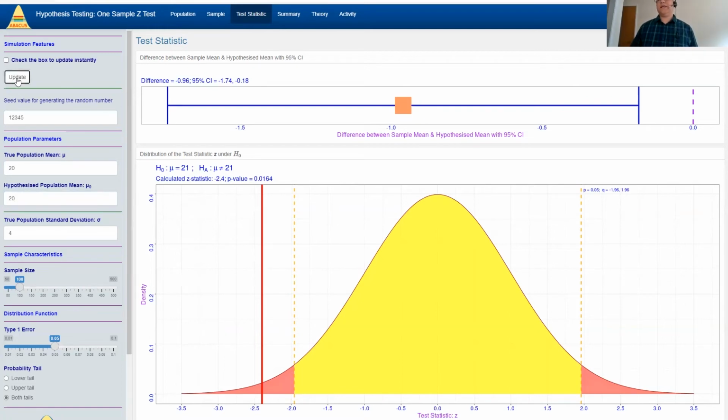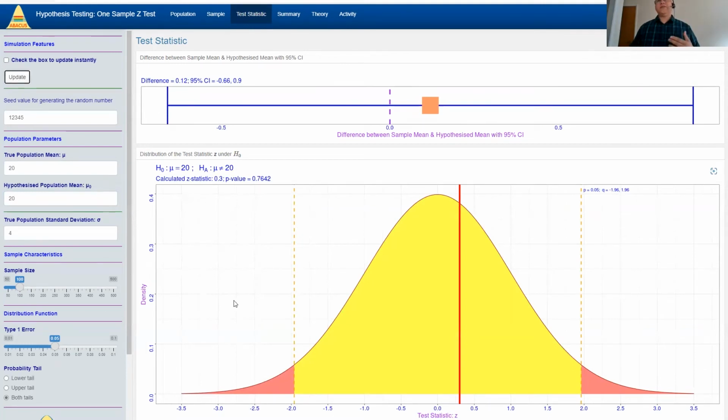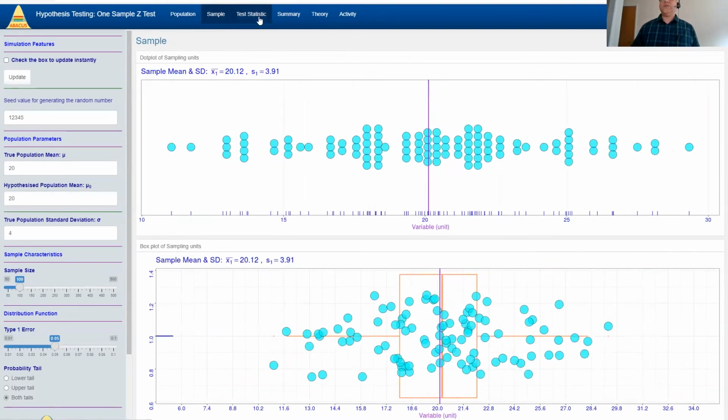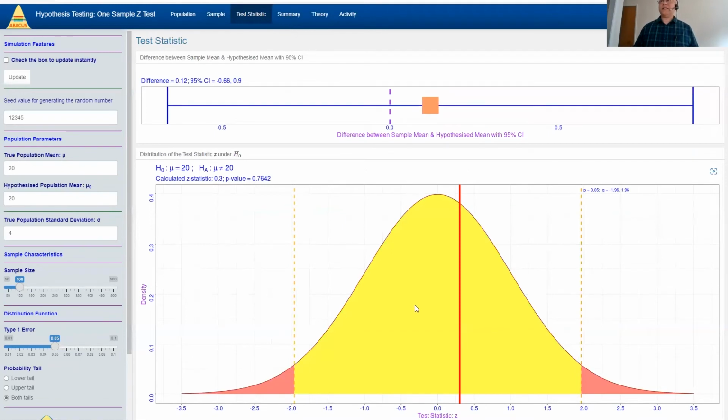So if we update again and see what is happening in this scenario, because we know the truth, of course, we can go back to the population and see it is showing 20.12. So the test statistics and other things are showing: your test statistic is 0.3 and the p-value is 0.76.